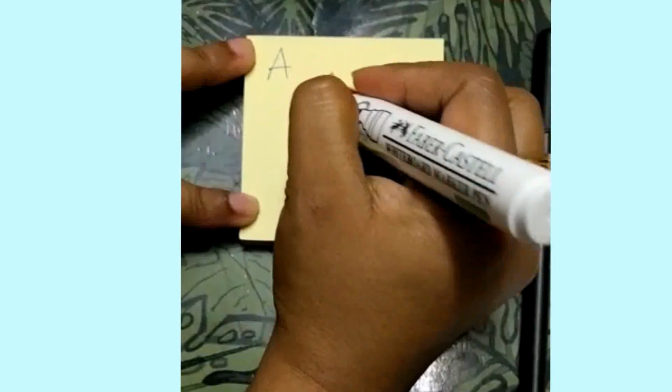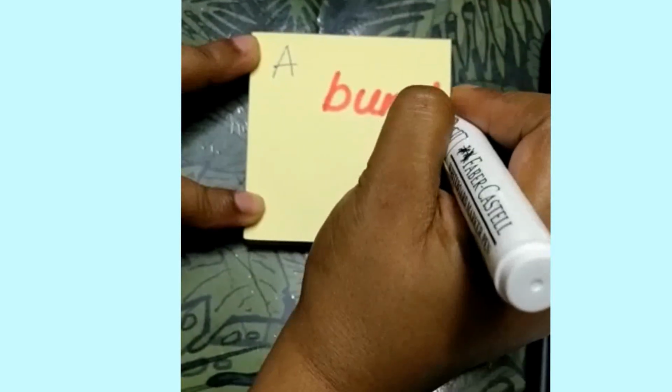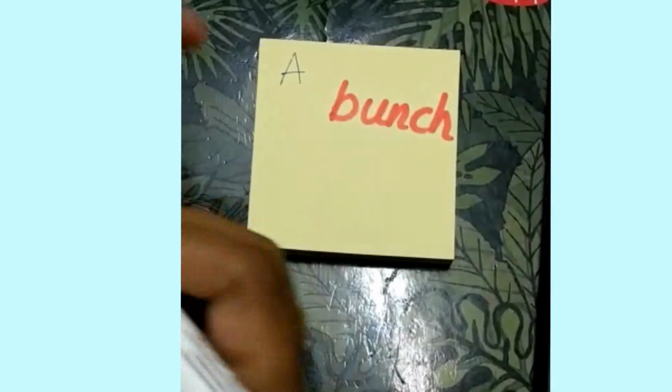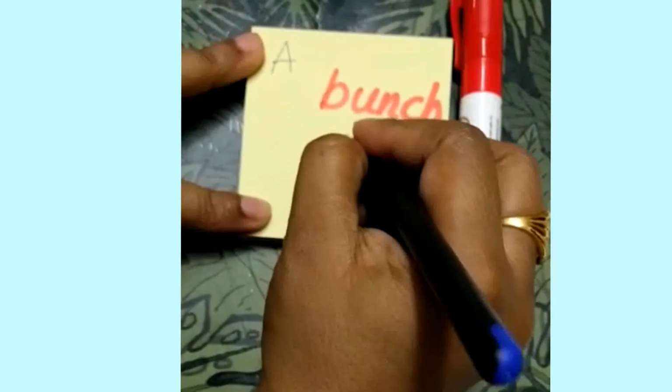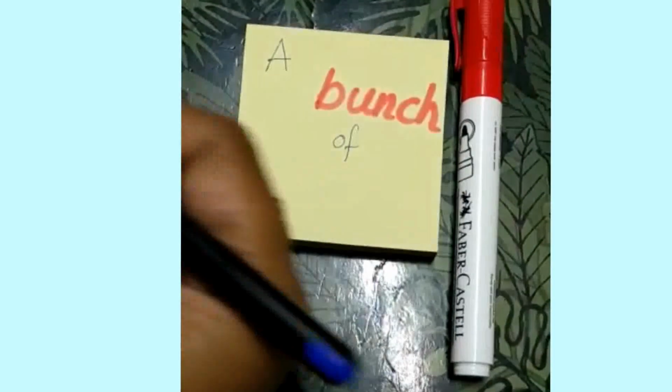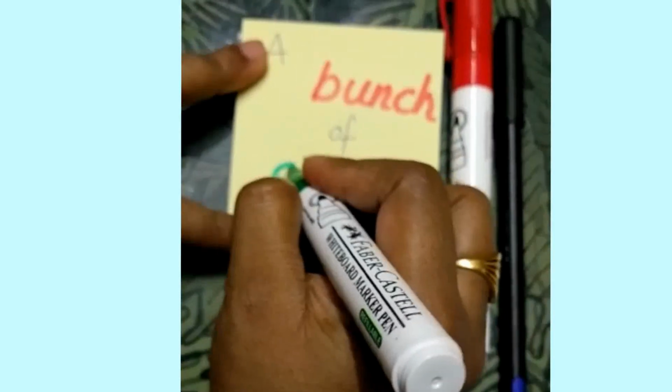First of all, make a list of all the collective nouns that you are forgetting. Next, use one sheet of sticky notepad to write one collective noun from that list. Now, you can use different colors to write. For example, I am using red for the collective noun and green for the corresponding common noun.